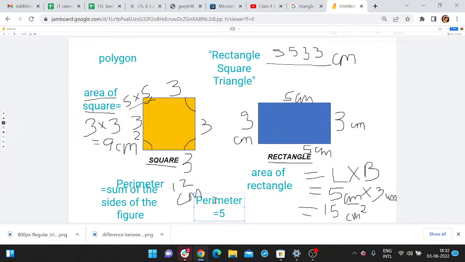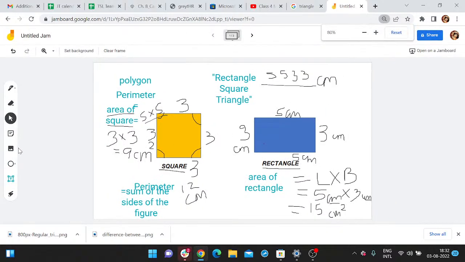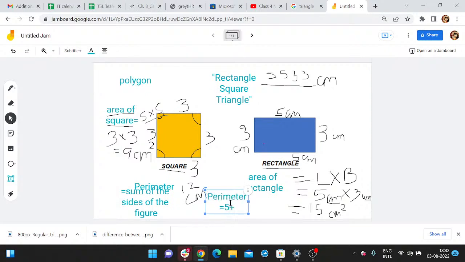So what am I doing is, yes, so ये रहा आपका पेरीमीटर. This is 5 added to 5 added to 3 added to 3. Can anybody give me the answer for that?